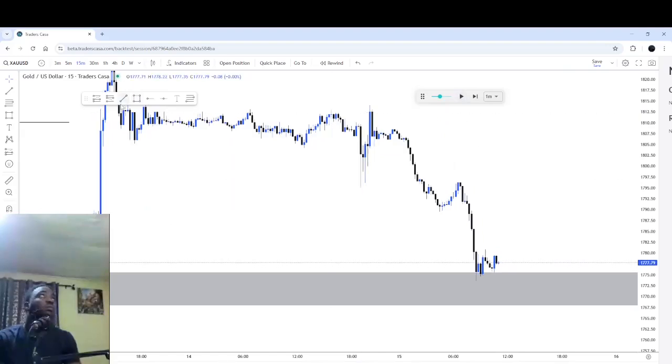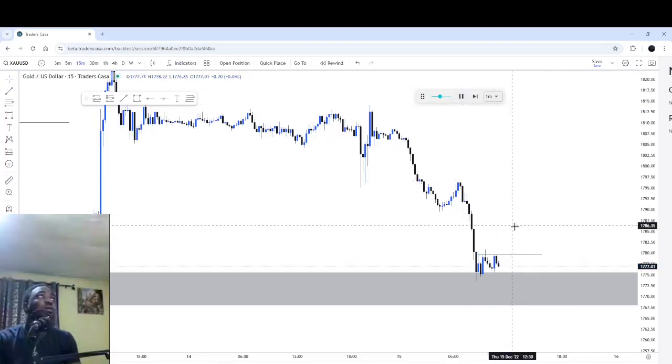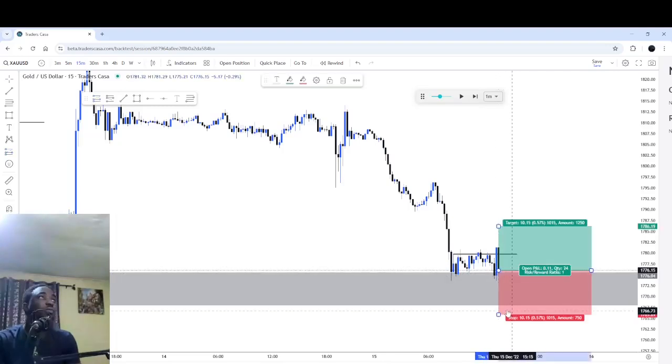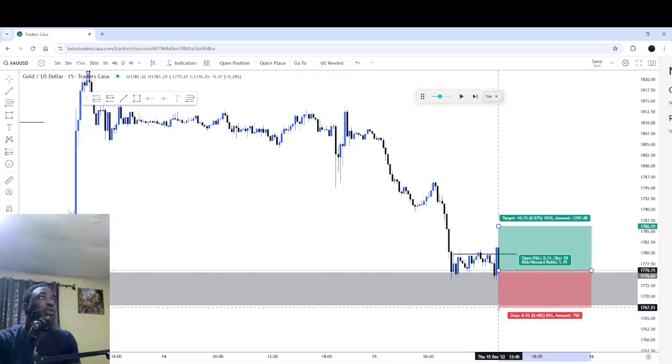First of all, we need to see a break of structure around this zone. Okay, now let's see whether I'll get it. We've gotten a clean break of structure, so I think we can enter around this zone, and then we'll put our stop loss around here.